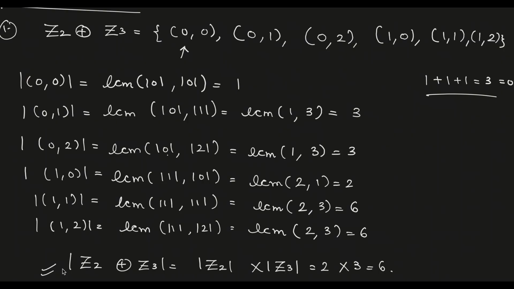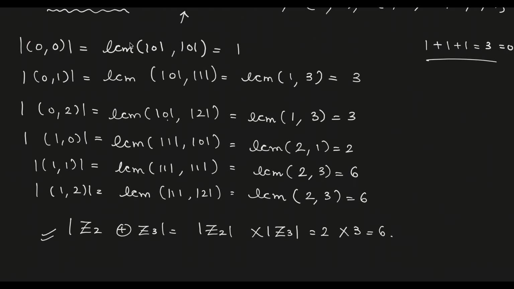Can you tell me what the generators of this group will be? The elements of order 6: 1 comma 1 and 1 comma 2.